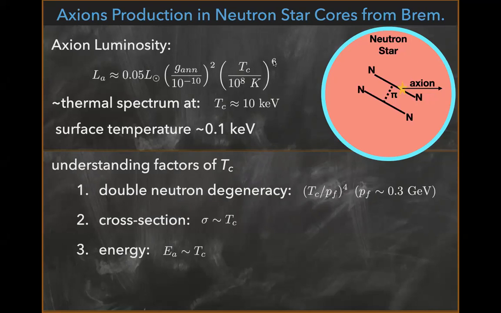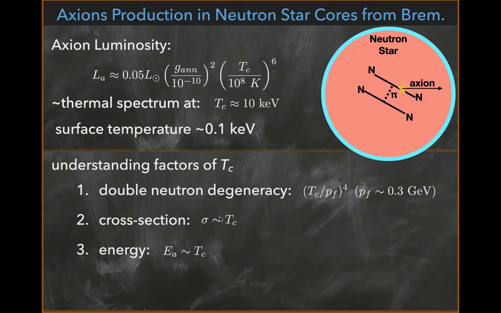And that essentially means that they need to be living within a core temperature of the Fermi surface. So that brings in a phase space suppression factor, which just scales like the area of that Fermi surface. And there's two neutrons in this scattering. So you get a Fermi suppression on each of them. Each of their Fermi suppression scales like T_C squared, but in total you get a T_C to the 4th factor from this double neutron degeneracy.